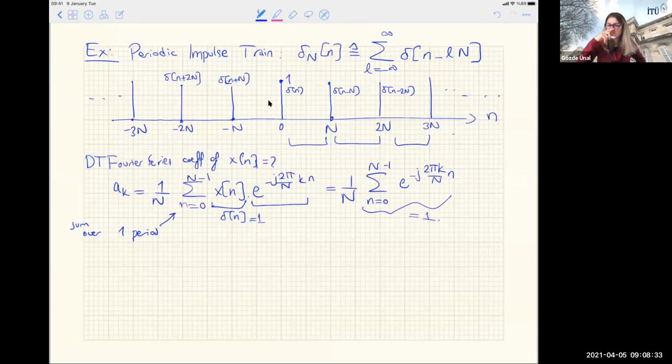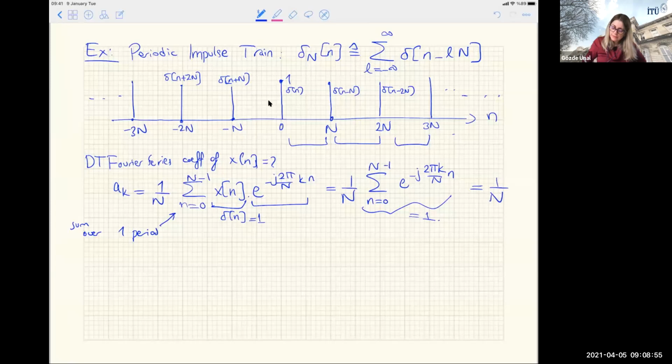Whenever it's on the 0 and multiples of n, it's 1. Otherwise, it sums to 0. There is a zero sum property. That's why the contributions from everywhere else are 0, and the only contribution comes from n equals 0 in this case. So that's why we have 1 over n.